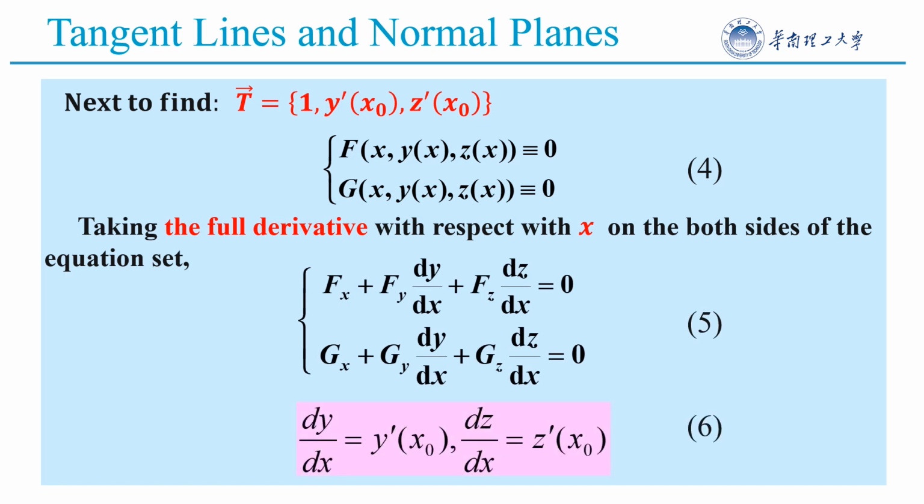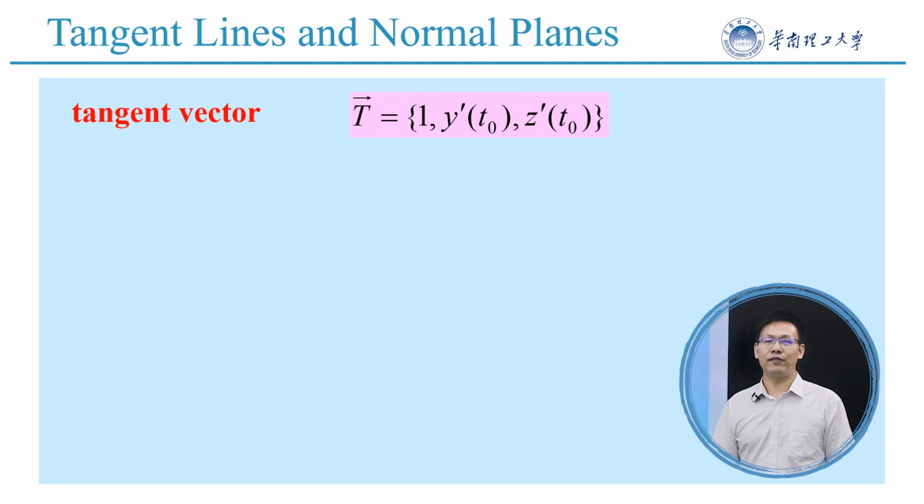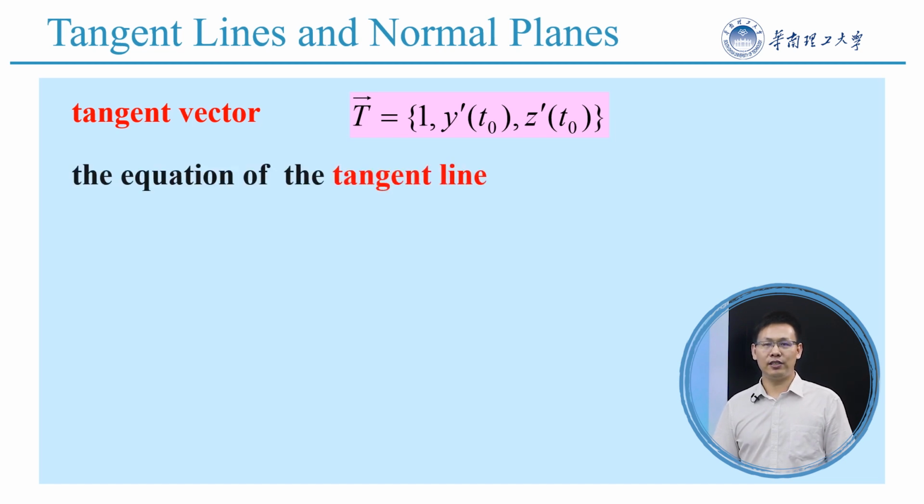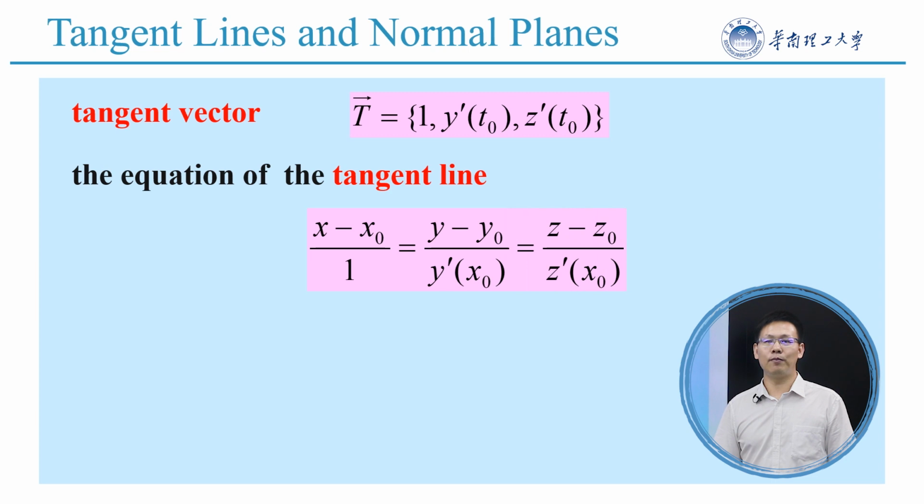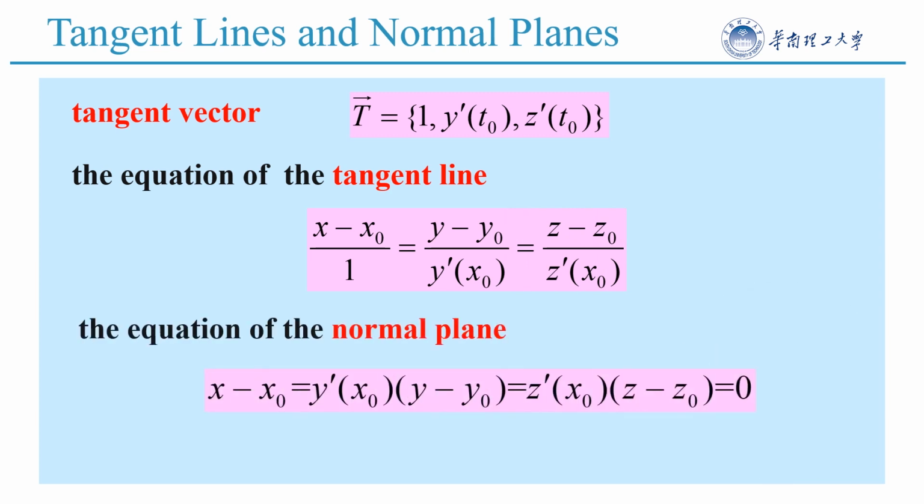Solve for dy/dx, dz/dx from equation set 5 to obtain the tangent vector (1, dy/dx, dz/dx), or (1, y'(x0), z'(x0)). When the tangent vector is obtained, the equations of tangent line and normal plane are easy to get.